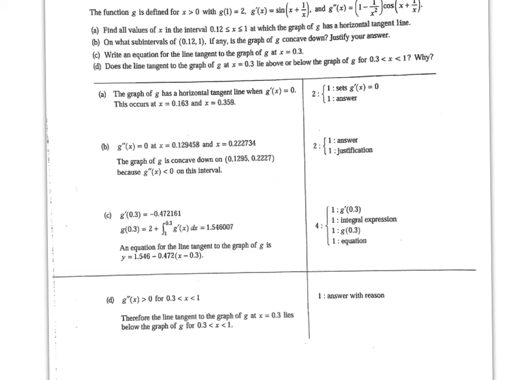Then you actually solve for G of 0.3, and then you have your equation. Here they rounded to 3 decimal places. I don't know why they didn't in B. It's a little bizarre. And then for D, just answer with reason. This says that G double prime of x is positive for that interval. Therefore, the line tangent to the graph of G at 0.3 lies below the graph of G for that specific interval. So that's where you end up getting your 9 points.